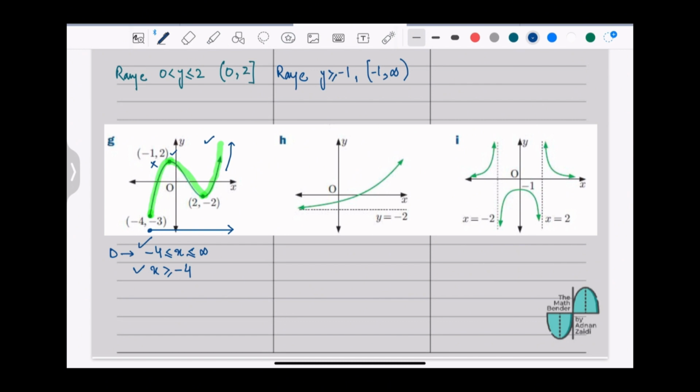Both are correct, but Cambridge does not prefer writing it with infinity. I can also write this domain as [-4, infinity), where -4 is a part of the curve.